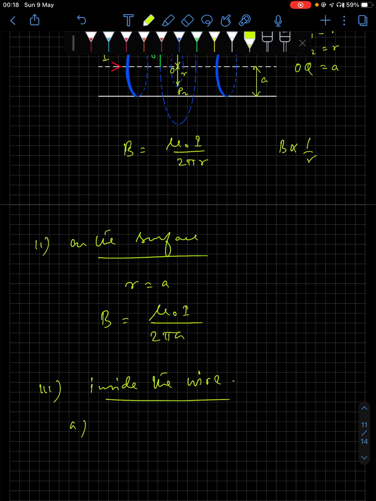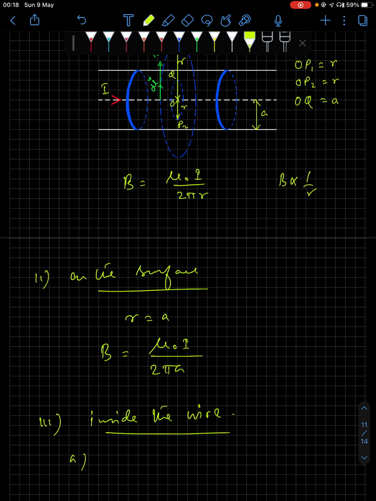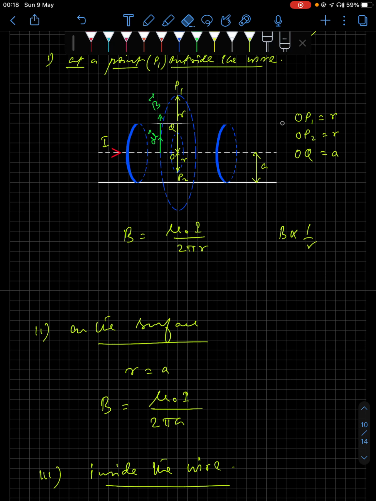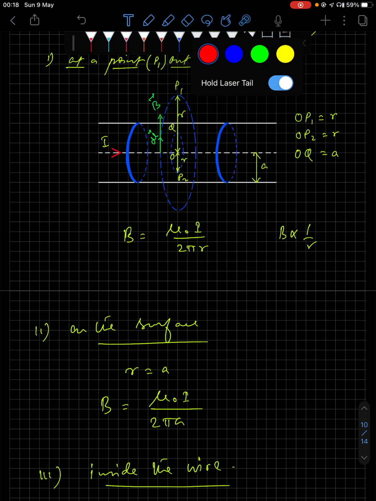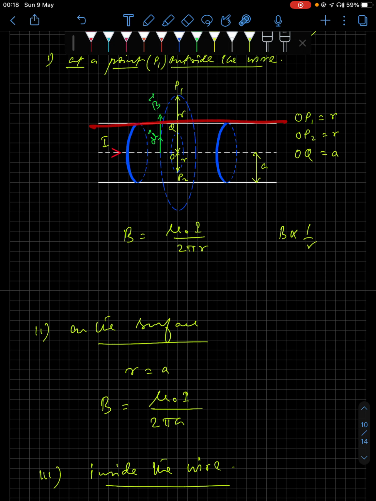Case A, if the wire carries current only at the surface. Only at the surface means that the current is being carried only at the surface. It doesn't carry any current inside. In such a case, no current is enclosed by the path, right?